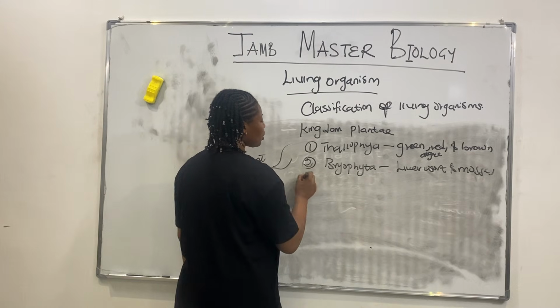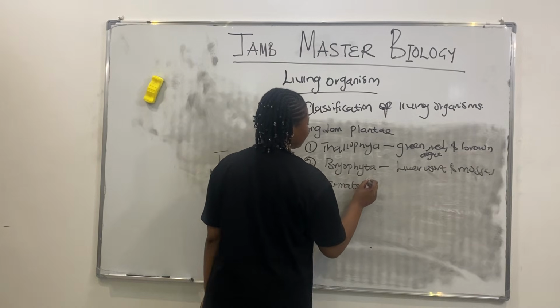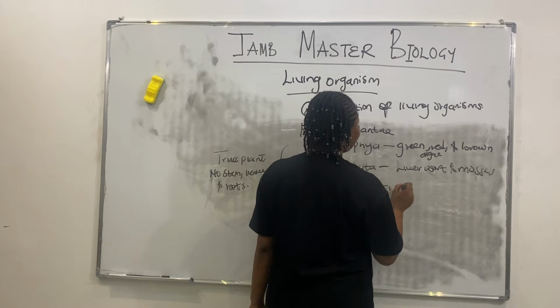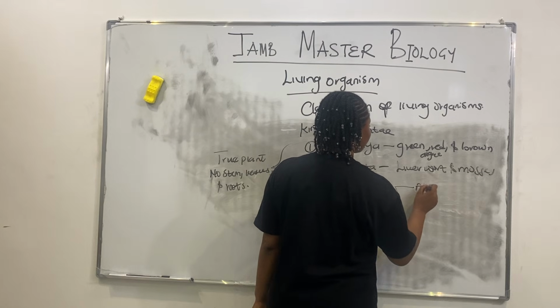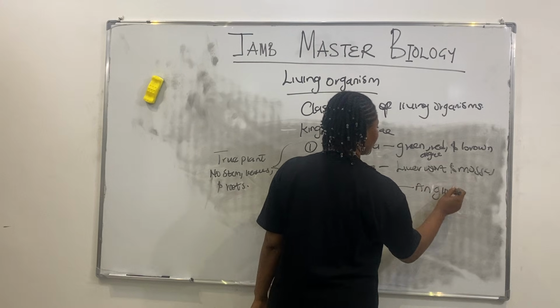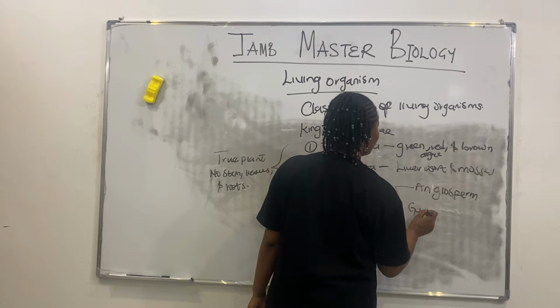But the third one is called spermatophytes, Spermatophyta, and they are divided into 2, which is angiosperm and gymnosperm.